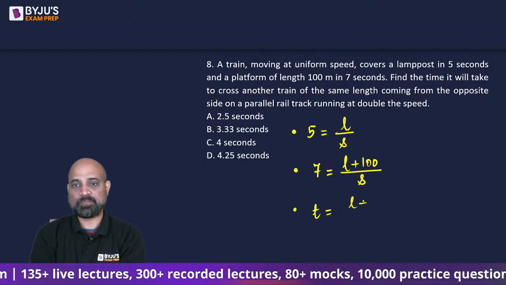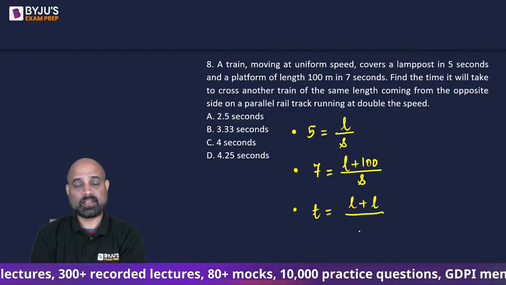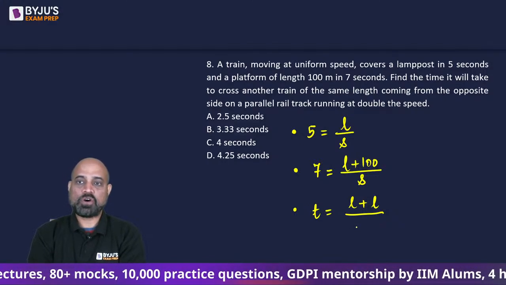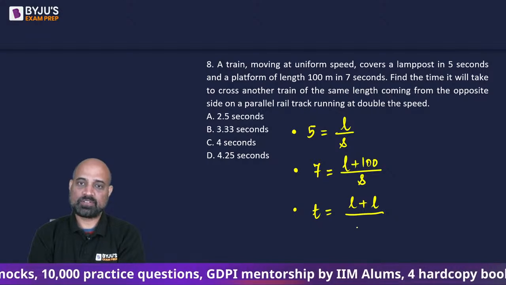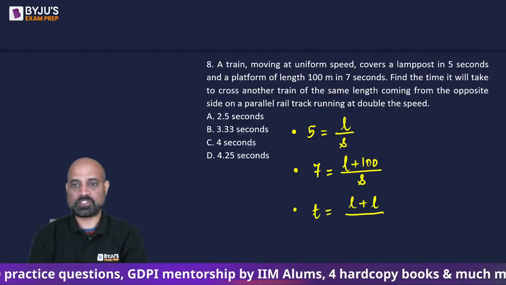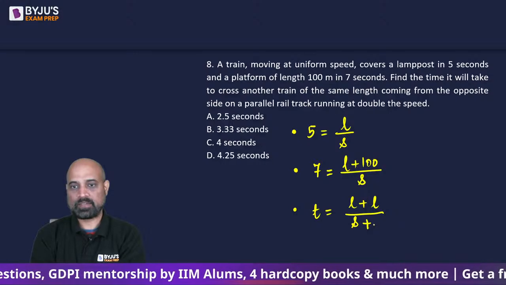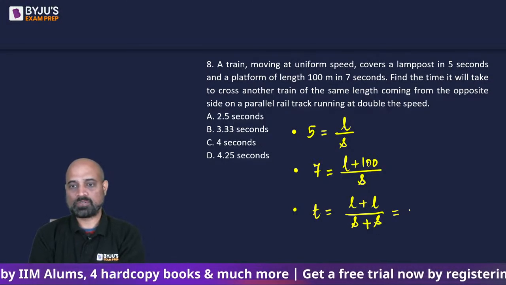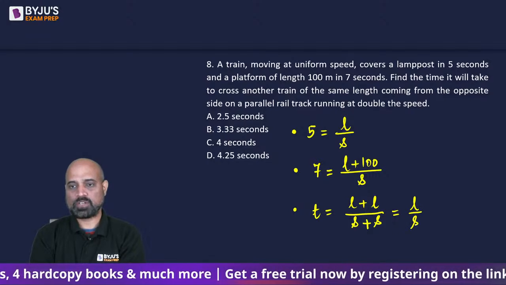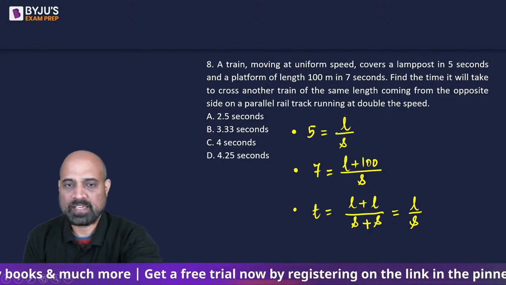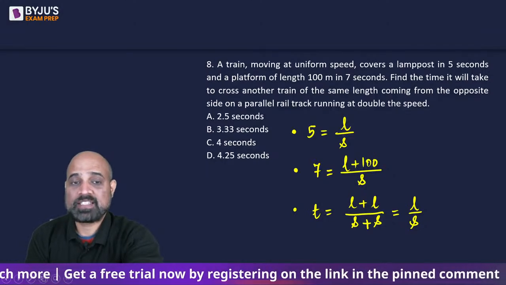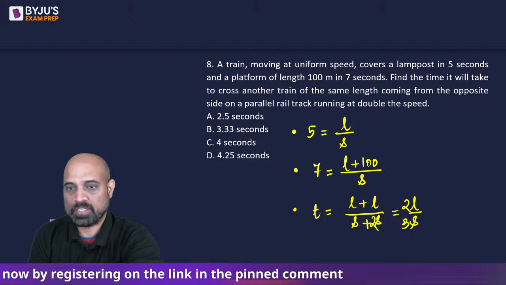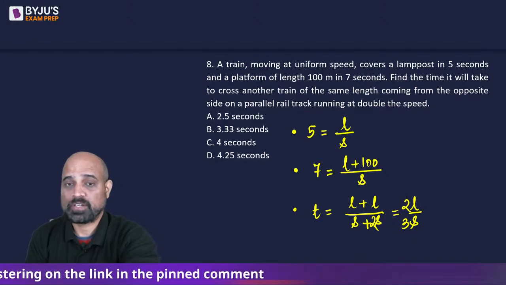They are of the same length, so L plus S, L, and coming from the opposite side, so they are running in the opposite direction, so their speeds will add, right? So this will become 2L plus 2S, or in other words, it will become L plus S. No, sorry, this is L plus 2S. So this will become 2L plus 3S. 2L by 3S, sorry.